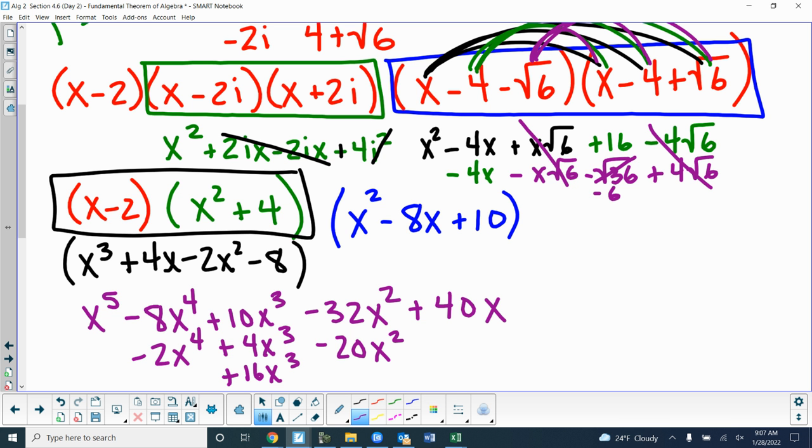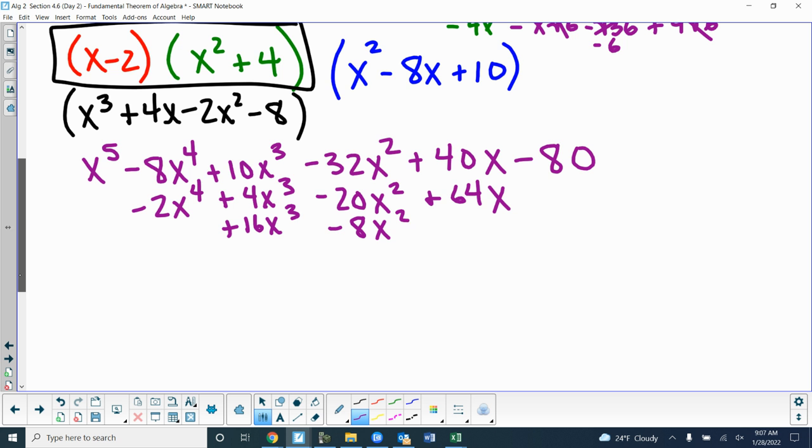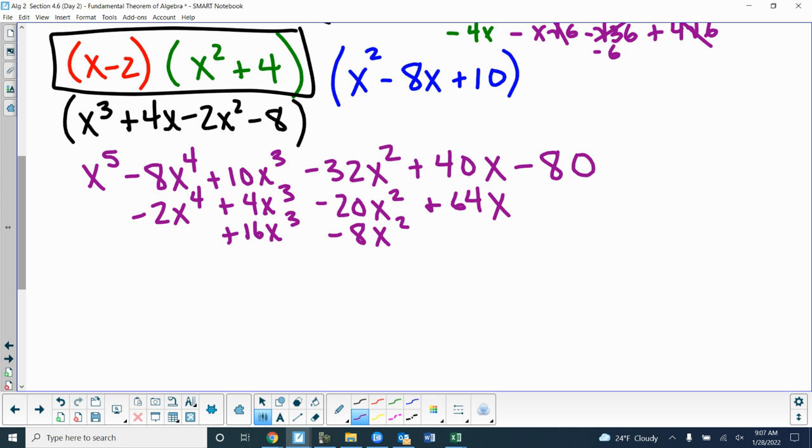And then negative 8 times x squared is negative 8x squared. And negative 8 times negative 8x is a positive 64x. And negative 8 times 10, negative 80. So now I've got it in the right order and everything's lined up, right?